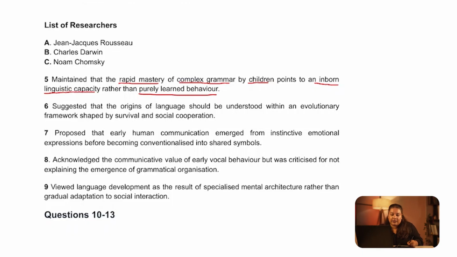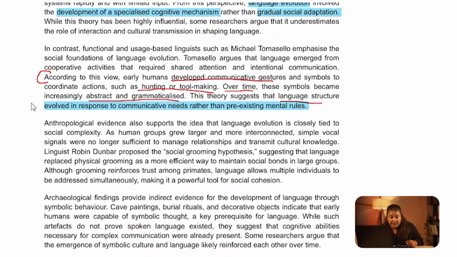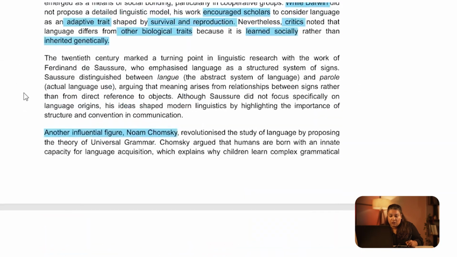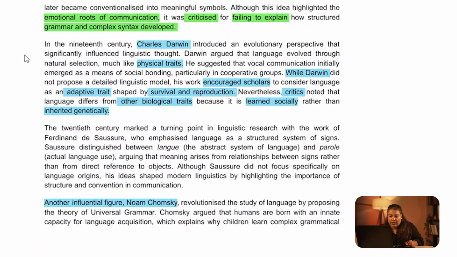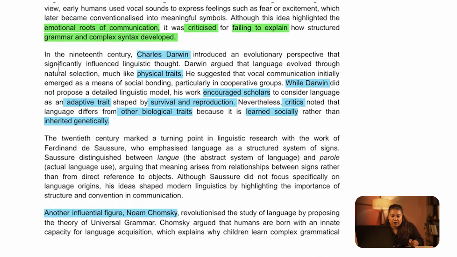Now let's go back, skim and scan. We are going to be looking at places where we have names, because it is all about matching the statements with these researchers. So it's going to be easier to locate the names and then match them to the statement. I'm looking for keywords like inborn capacity, children. These could be paraphrased as well.